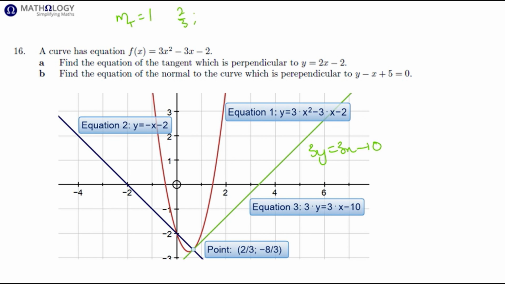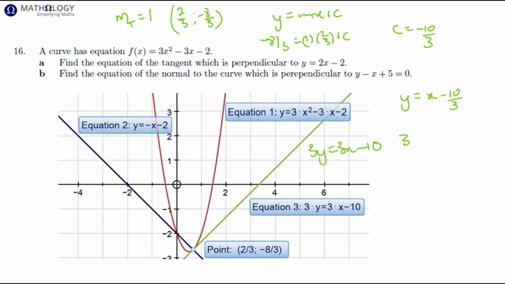Point of contact is (2/3, -8/3). y equals mx plus c: minus 8/3 equals 1 times 2/3 plus c. c equals minus 10/3. So y equals x minus 10/3. 3y equals 3x minus 10. And that's the equation of the tangent again.